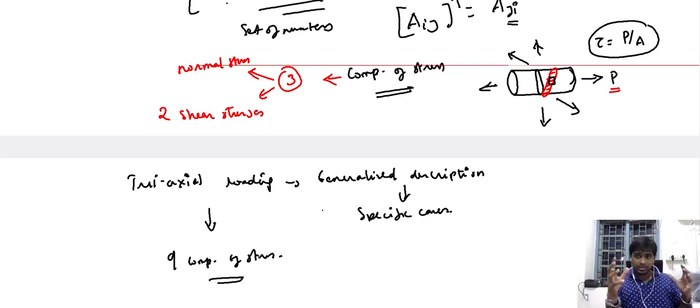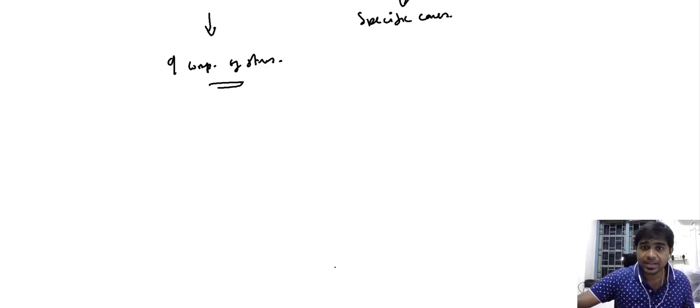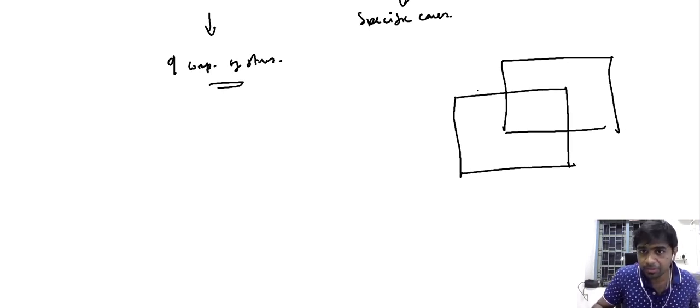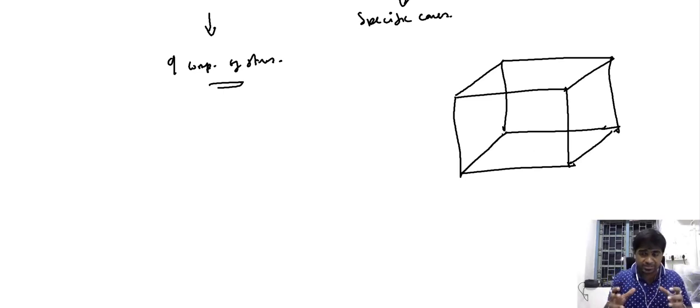Again, we are trying to describe the mechanical condition experienced by the inclined plane, so it requires 9 components, and these can be graphically represented by considering an element within the inclined plane. Since we are considering a 3-dimensional sample experiencing triaxial loading, this element will be of 3-dimensional form.